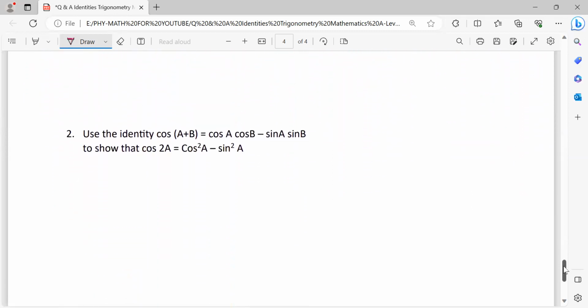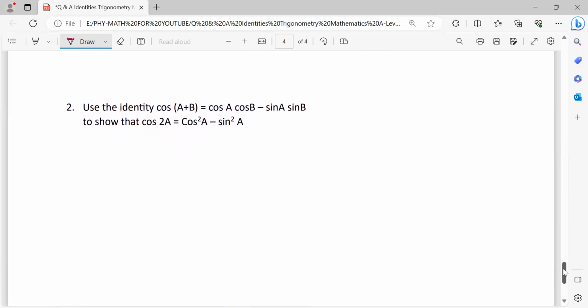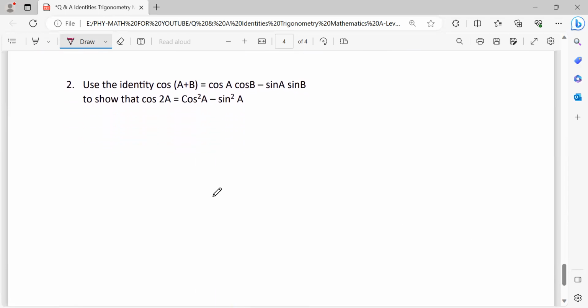Use the identity cos(A plus B) equivalent with cos A cos B minus sine A sine B. So to show that cos 2A is equivalent with cos A squared minus sine A squared. Cos(A plus B), I'm going to change, becomes cos(A plus A).